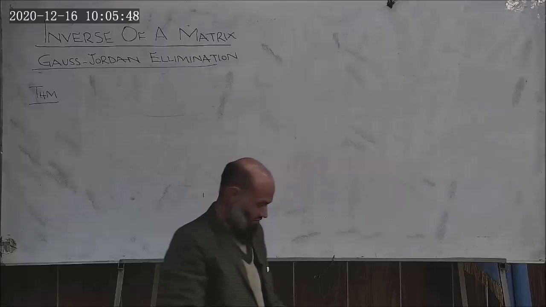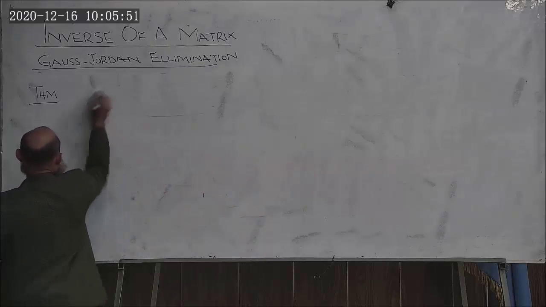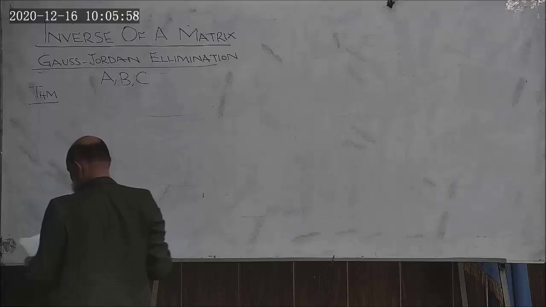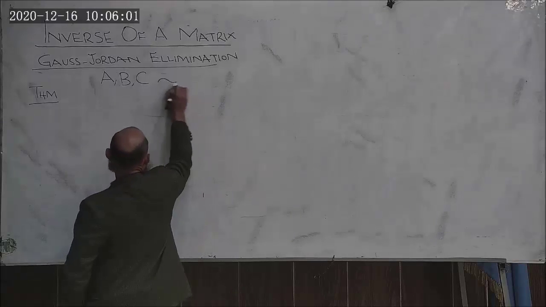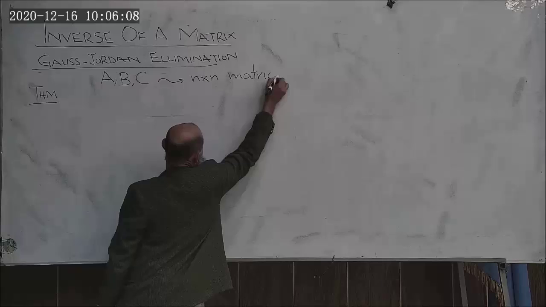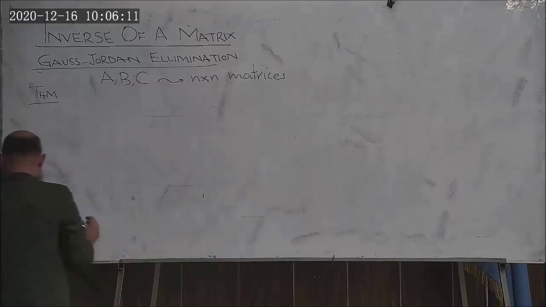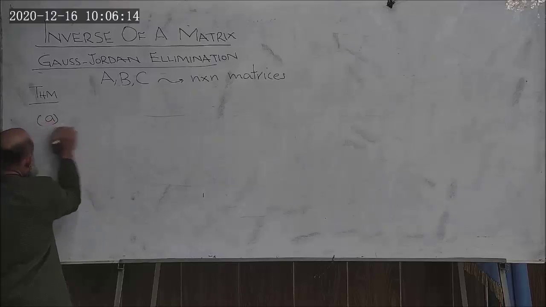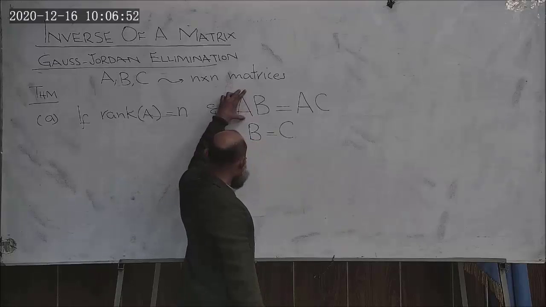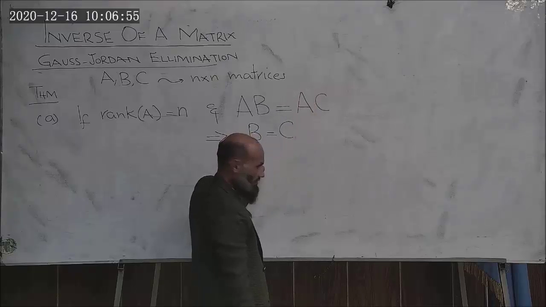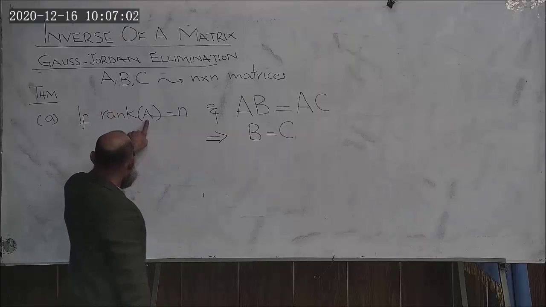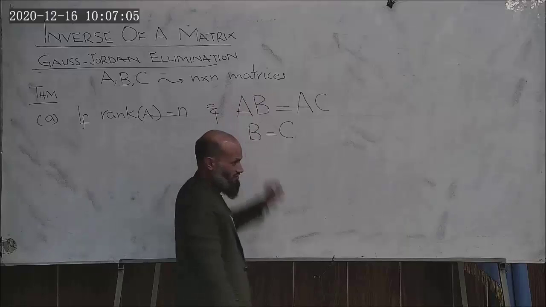So here is a theorem which describes some properties of matrices. If A, B, and C are n by n matrices, then this statement is in general not true: AB equal to AC does not imply that B is equal to C. However, if A is full rank, then this statement implies this statement.